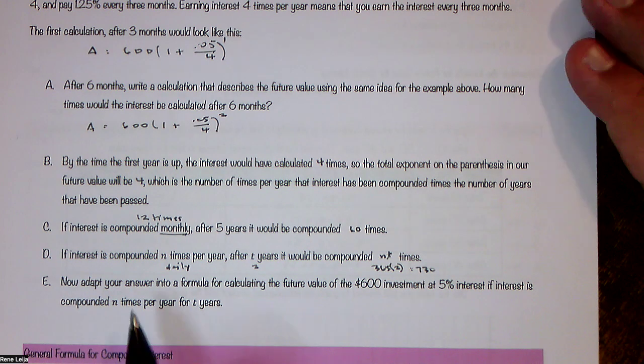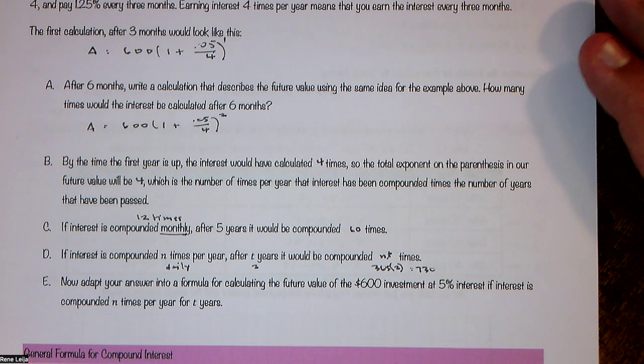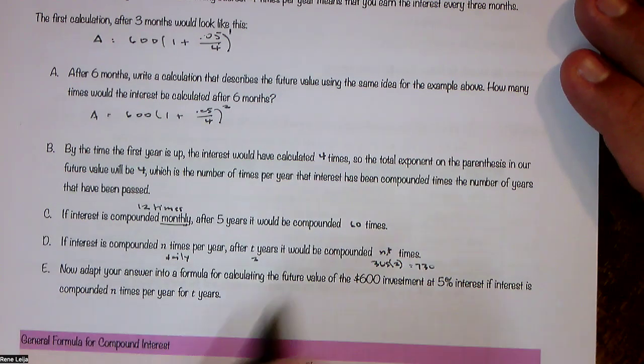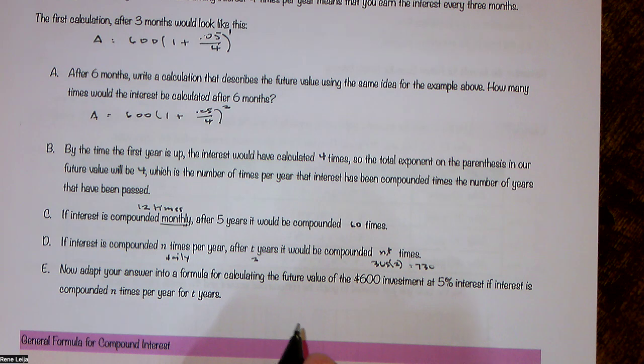Now adapt your answer into a formula for calculating the future value of $600 invested at 5% interest if the interest is compounded n times per year for t years. Here's what they're saying. They want you to write that formula.